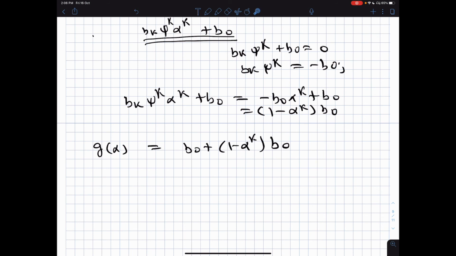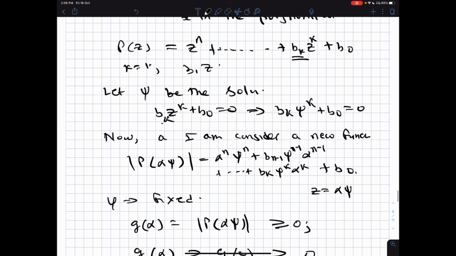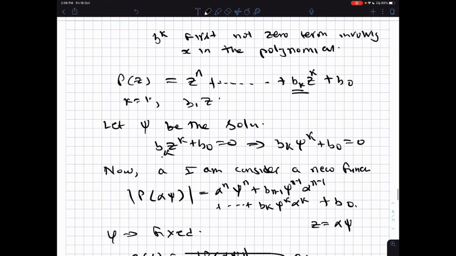So the first two terms summation is 1 minus alpha to the power k times b naught, plus all other terms, which involve coefficients of alpha greater than k plus 1 or more.